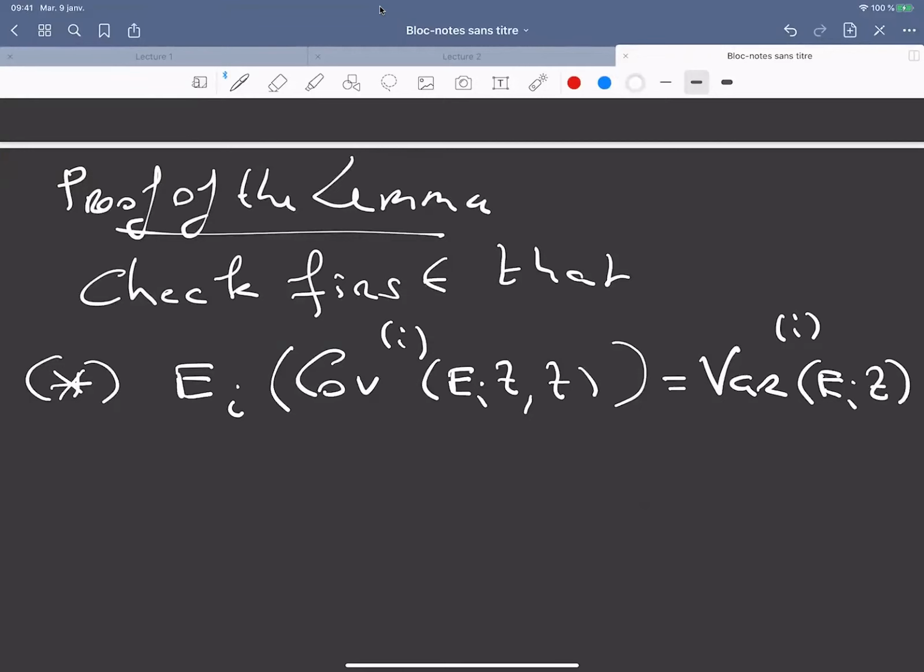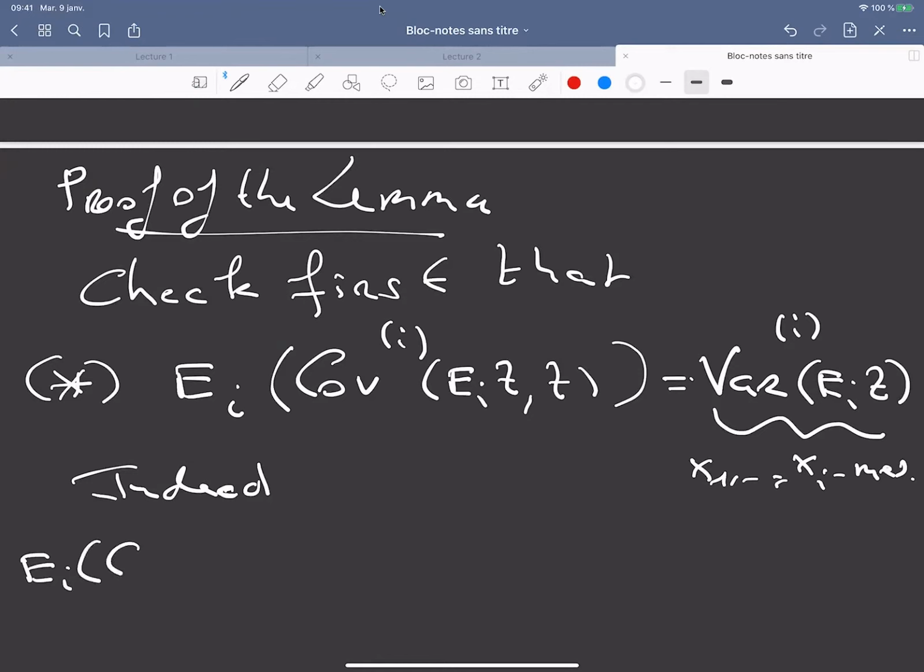So do not be surprised not to see a conditional expectation here. It's just because this quantity is x1 to xi measurable. Okay? So to see this, let's just check this formula here. You compute the expectation of the covariance.